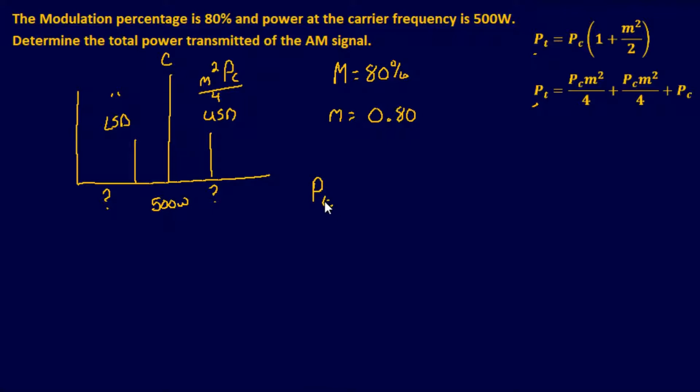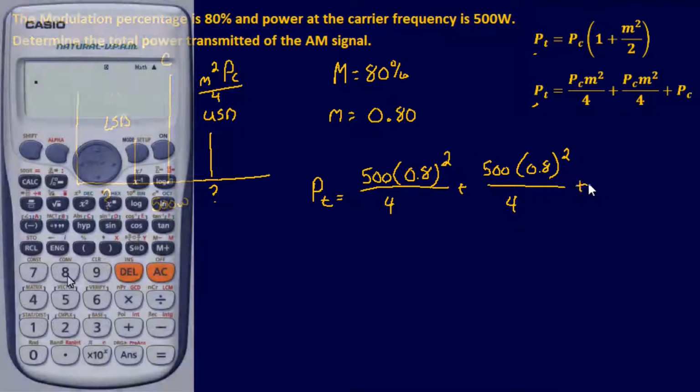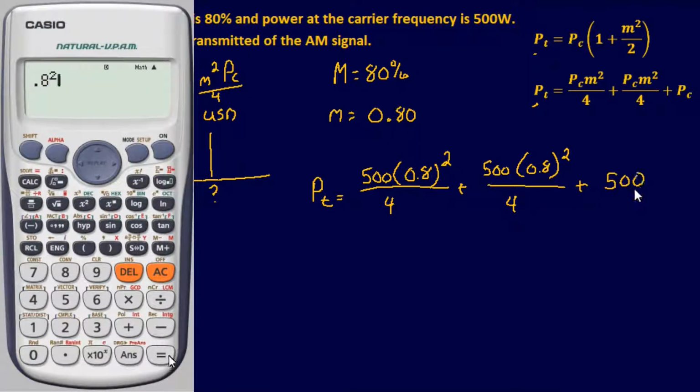Okay, well, if we want to put this in the equation, it's going to look something like this. P of T equals 500 watts, again I'm using this guy, times 0.8 squared, divided by 4, and then the same thing again, 500 times 0.8 squared, divided by 4, and then plus your 500 watts.